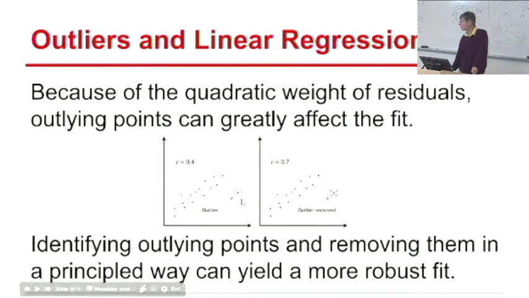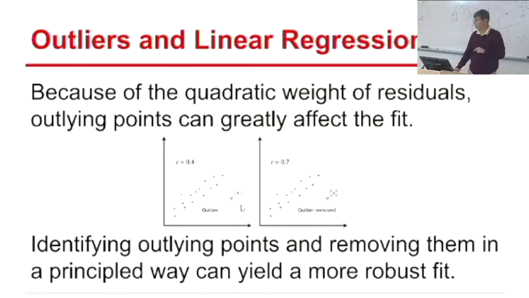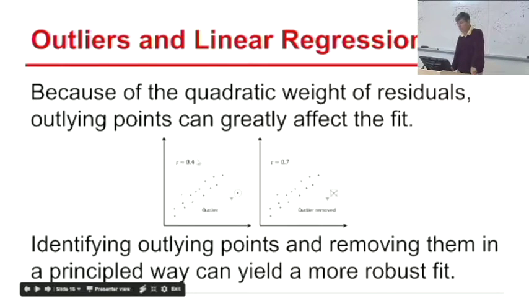Does everybody agree? Because there is a penalty that grows quadratically with how far you are from the line, the regression line is very, very eager to make the outlier point happy. Does everybody see that? And so that one point pulls the line quite far away from where we want it to be. Okay? So here the correlation was 0.4 with the outlier and 0.7 without it.